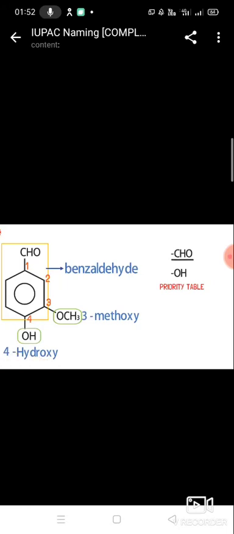Alcohol and methoxy group are present. When it is alcohol, we say hydroxy. First we have to give the numbering. The methoxy group is on the third carbon and the hydroxy group is on the fourth carbon. So 4-hydroxy-3-methoxybenzaldehyde.